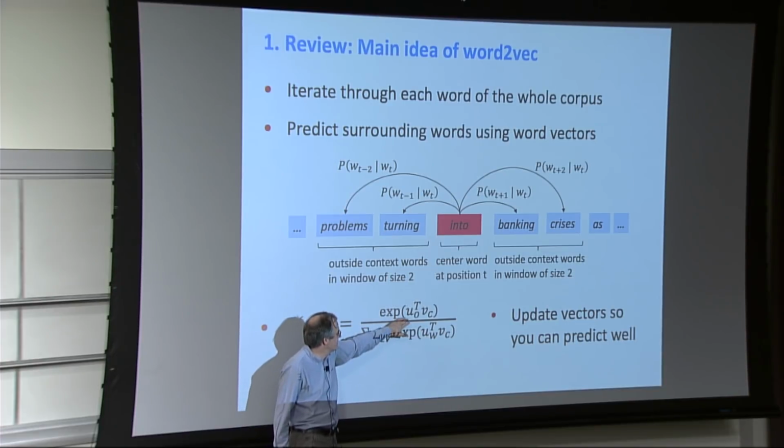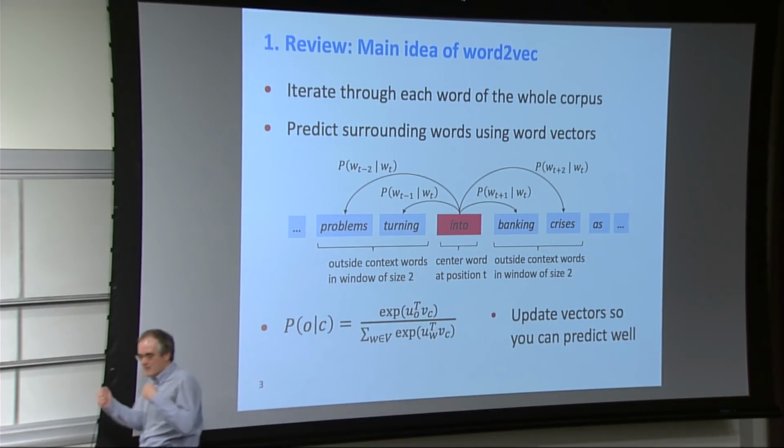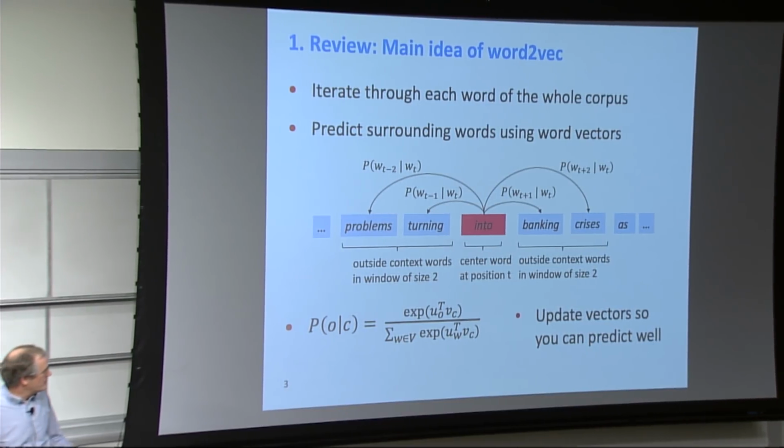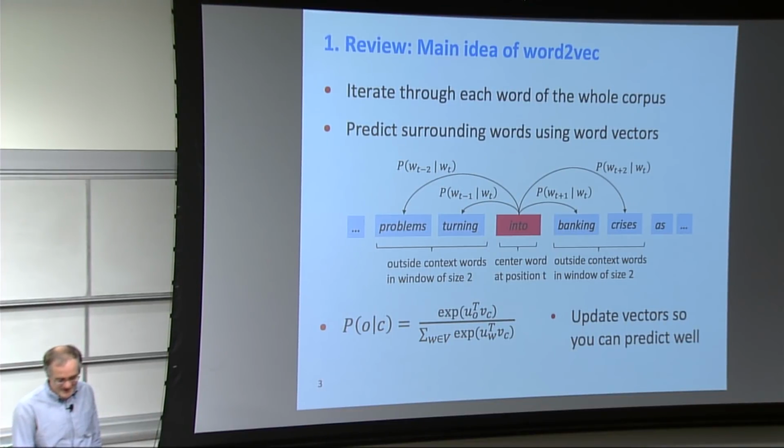That probability distribution is defined simply in terms of the dot product of the word vectors via the softmax function. So what we want to do is change those vectors so that this gives good probability predictions: as high probability as possible to words that you tend to see in the context.